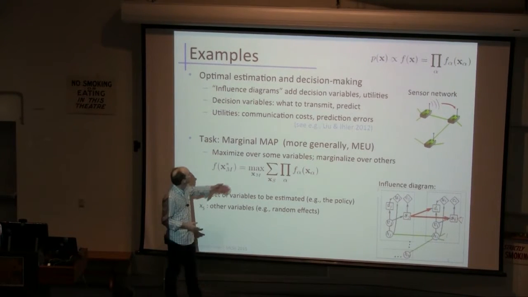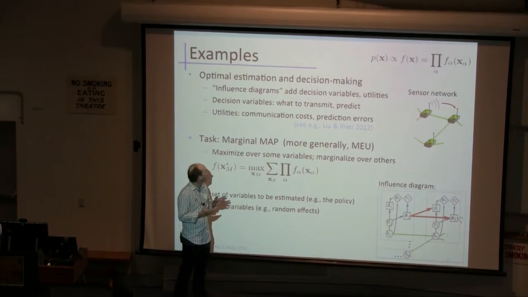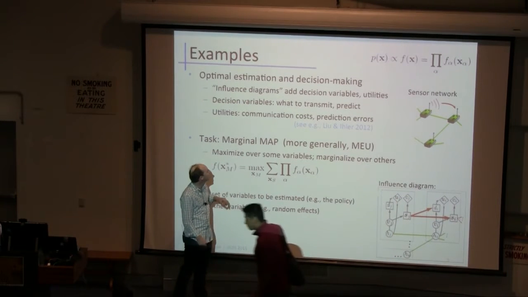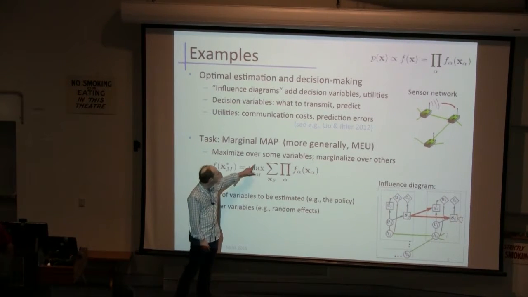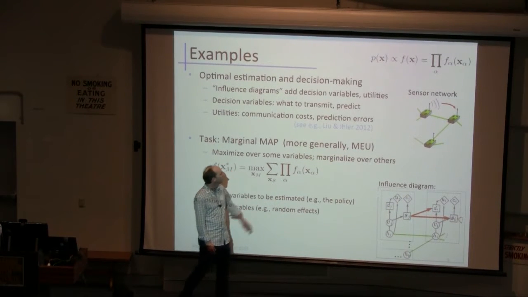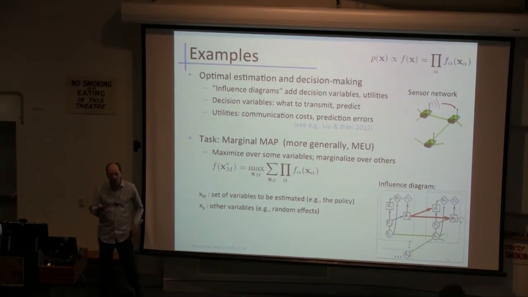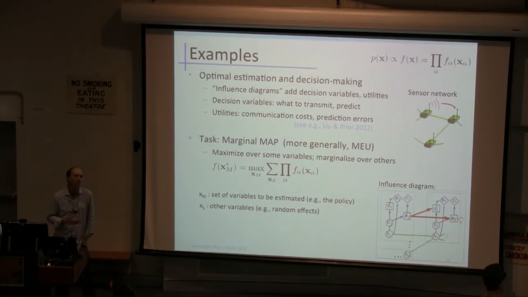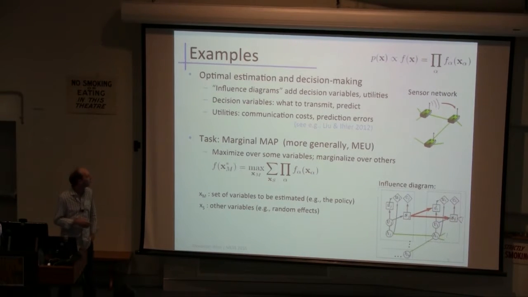So here I'll be a little bit glib and just call it marginal MAP, which is a simple task where you're maximizing over some subset of the variables while marginalizing over the rest of the variables. More generally, in a decision-making system, this is the maximum expected utility problem.